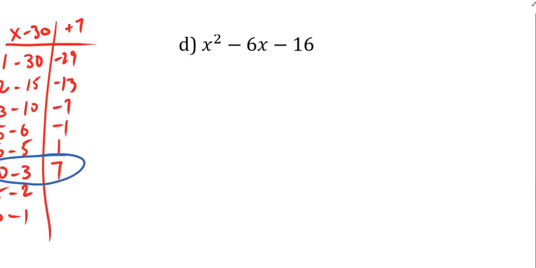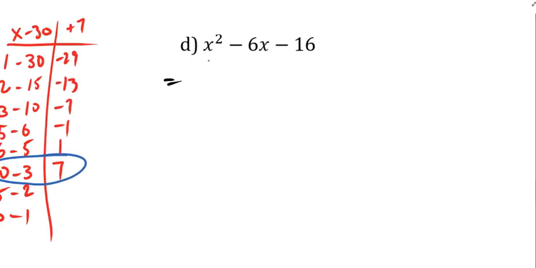Okay, one more. Try this one yourself. The first thing that should go through your head is I'm trying to find two numbers that multiply to something and add to something.